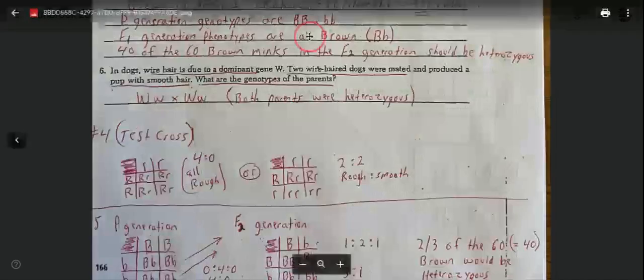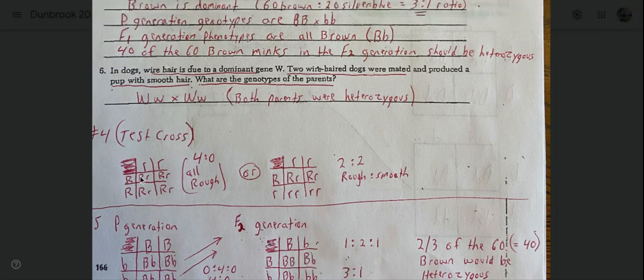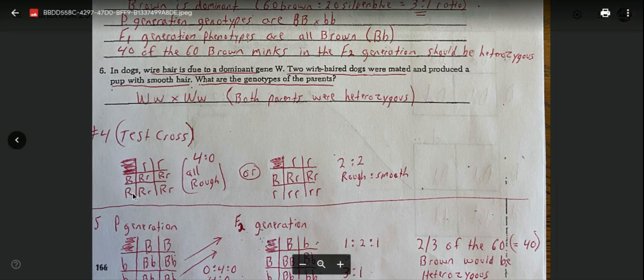Finally, going backwards a little bit, number 4, that test cross that we performed is performed down here. We did not know this parent. Remember, that's what a test cross is for. So we always test cross against a homozygous recessive. If we see all dominant phenotypes, we can probably say that the original unknown parent was homozygous dominant.